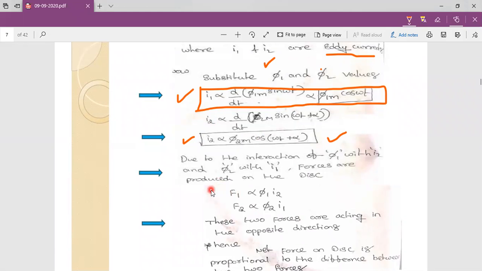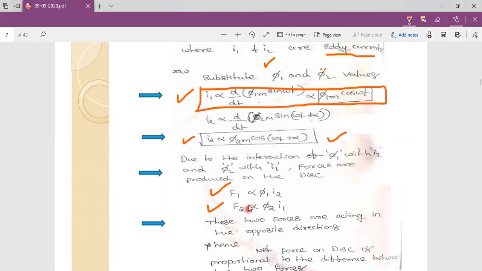One force we take as F1 and the other as F2, force or torque, whatever it may be. The first force is because of the interaction of phi 1 and I2, and the second force is due to the interaction of I1 and phi 2, like what we see in electromagnetic motors such as the induction motor and DC motor. Torque is directly proportional to phi Ia, considering the DC motor.